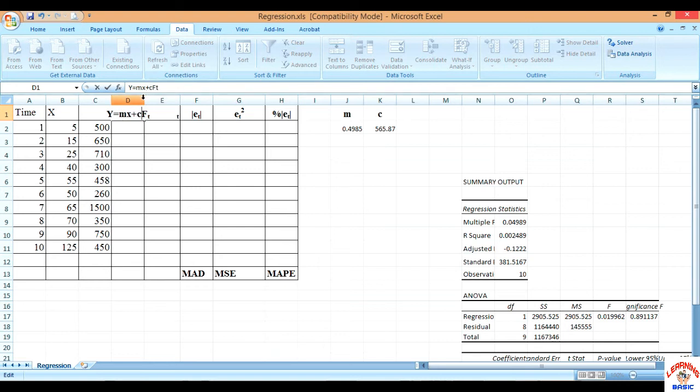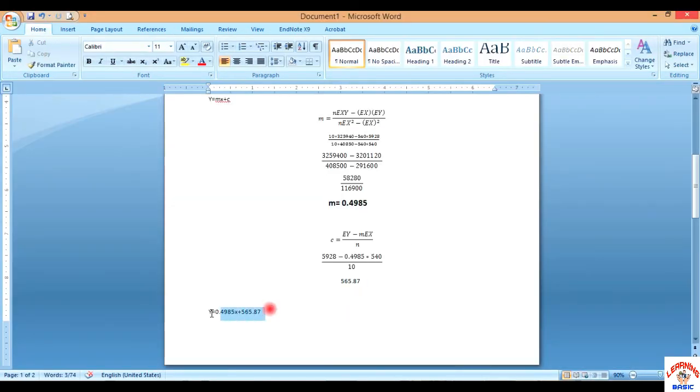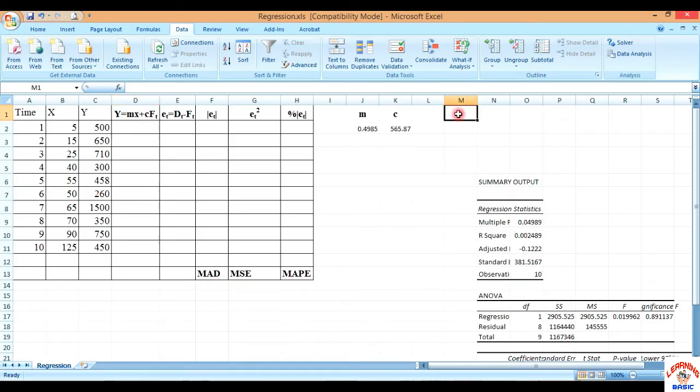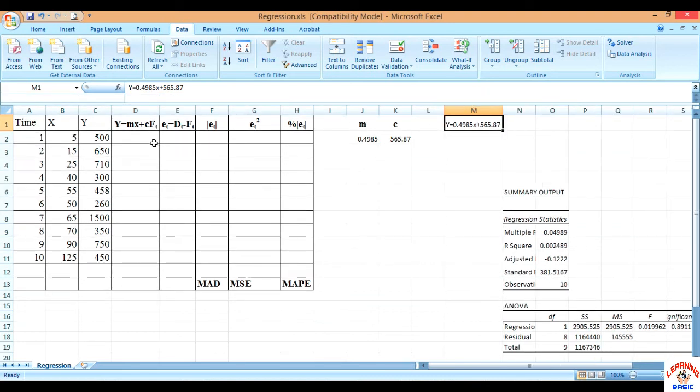We'll use the same equation here. I'll paste this value over here. So y equals, our m is this.